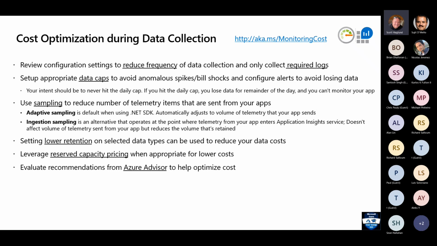Also evaluate recommendations from Azure Advisor. Azure Advisor is always running. It's one of those things that a lot of people don't spend enough time with. It's going out there and it really focuses on 4 areas. It focuses on availability. Is this application set up for high availability in case it fails? It's security. We got some bad ports that are open on this.